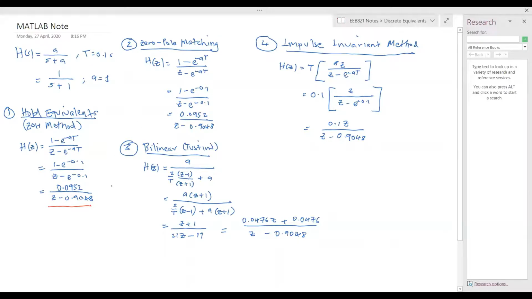Usually this would not be the case, so it would be different. So it depends on the transfer function H of s and other variables such as T and so on. So let's go to MATLAB and see what result we get for this particular method.